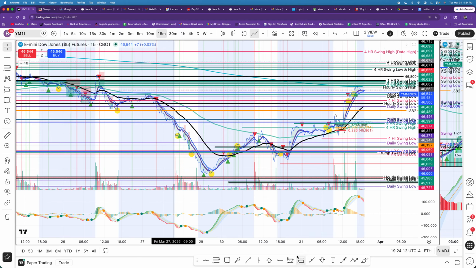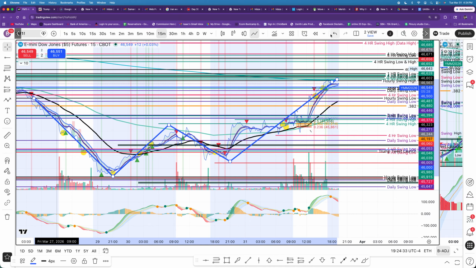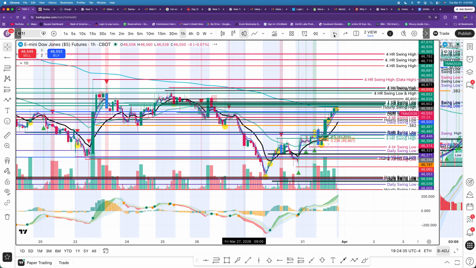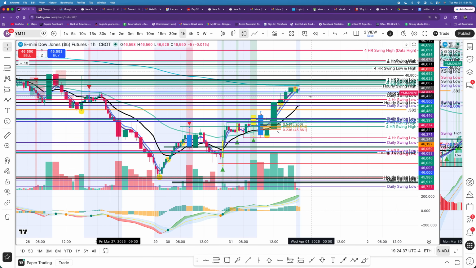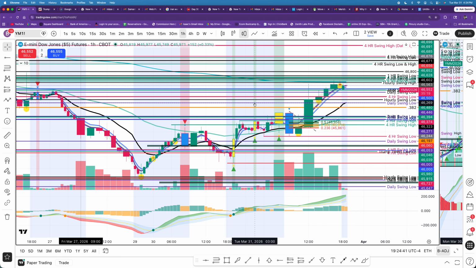You can kind of see that W pattern forming there. As you can see, that W pattern formed, and price basically crossed over the black line 2 times, and now it's well respecting it. So that is like a guidepost. If you're above, generally you're bullish. If you're below, generally you are bearish.